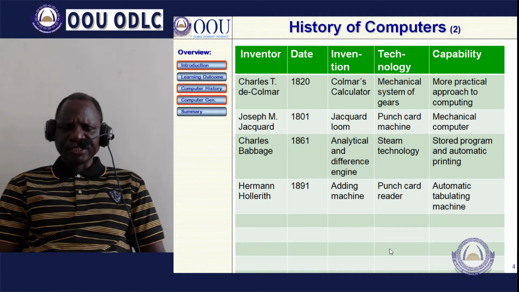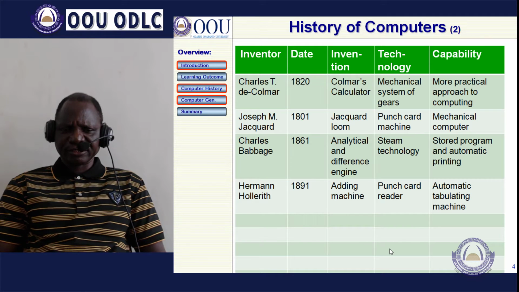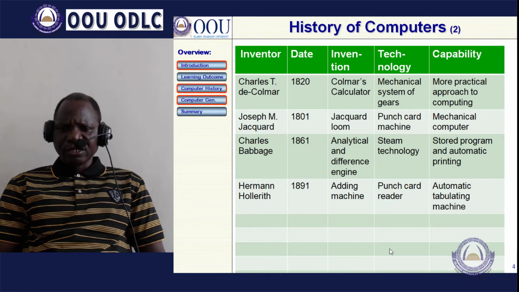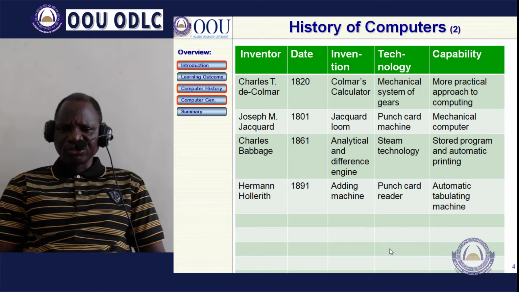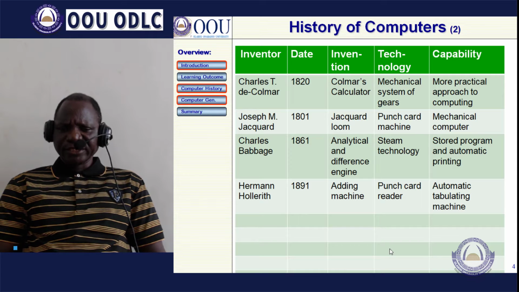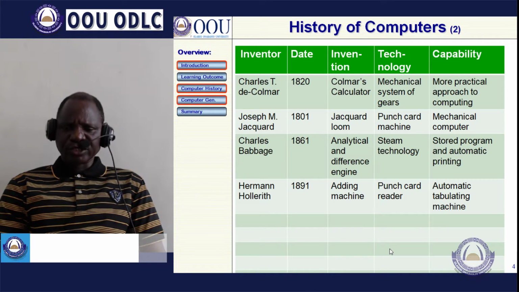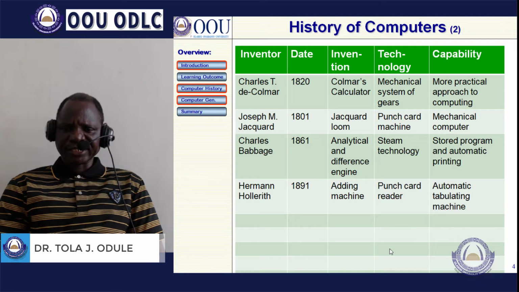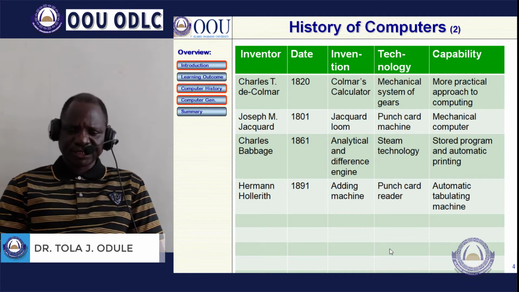Then came the era of adding machine, invented by Herman Hollerith in 1891. Herman Hollerith's adding machine also made use of punch card reader and was able to automatically tabulate its output. So they are normally referred to as having the capability of automatic tabulating machine.